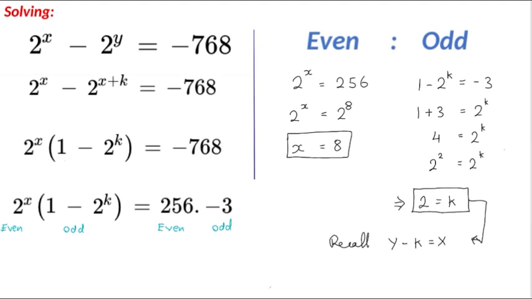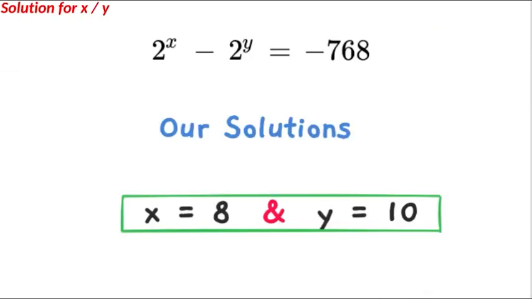We can also say that y is equal to x plus k, and therefore y is equal to 8 plus 2, which is equal to 10. And our solutions for the exponential equation 2 to the power of x minus 2 to the power of y is equal to negative 768 is x is equal to 8 and y is equal to 10.